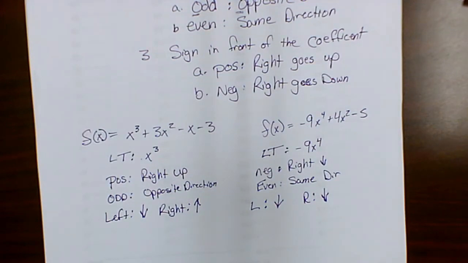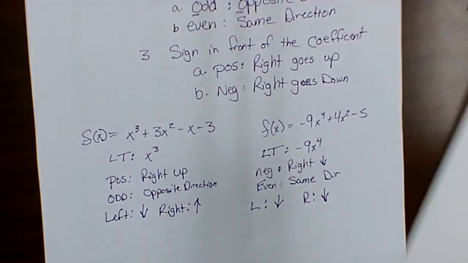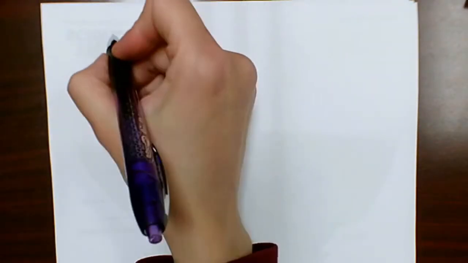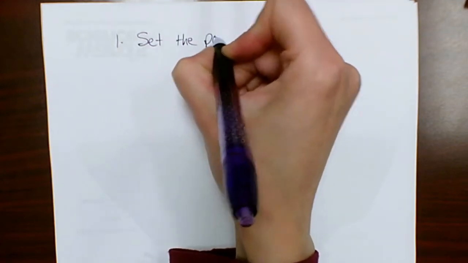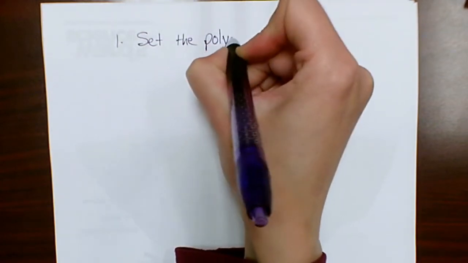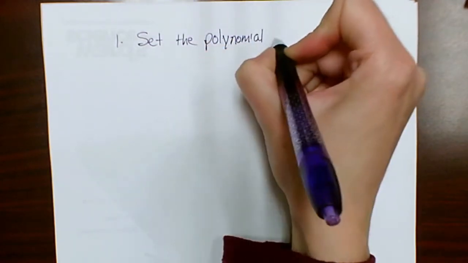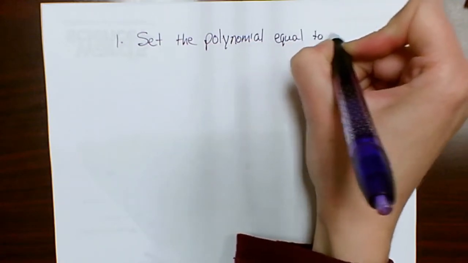Okay, so let's go ahead and look at the zeros of the polynomial function. Keep in mind, when we find zeros, we are going to actually factor. So we're going to set the polynomial equal to 0.